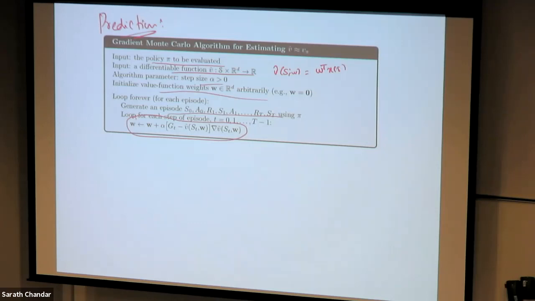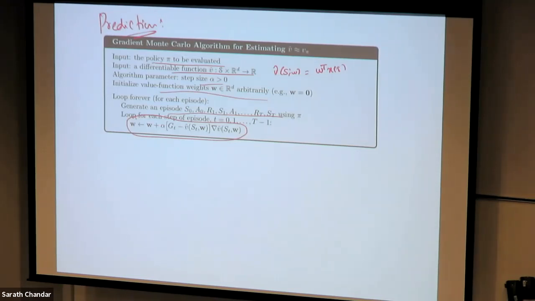Very simple. You can take your original Monte Carlo algorithm and just make some modifications, and you get Monte Carlo with function approximation. This algorithm is guaranteed to converge to the local optimum, but in this case it is also the global optimum, provided that certain conditions on alpha are respected.